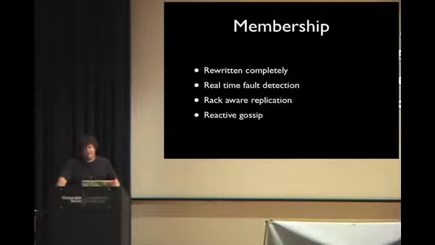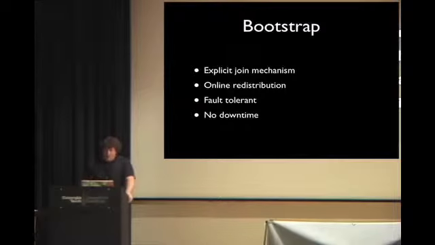So rack and data center aware replication, where you can have different strategies for saying, look, I want this data to be in as many geographically disparate places as possible, to ensure against hardware failures. So it's pretty cool. And the gossip is not just a wake-up-on-a-timer thing anymore. There's more reactive gossip to get events around the ring faster. And also the bootstrap process has been overhauled. There's now an explicit joining mechanism.